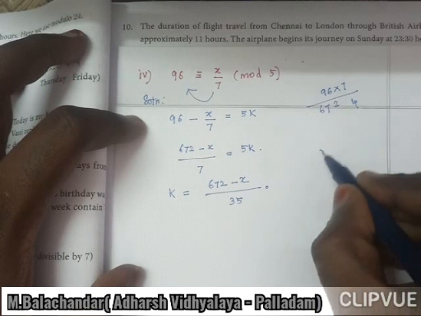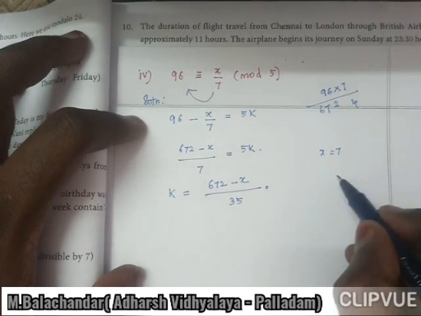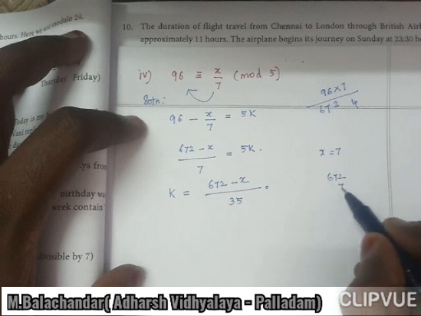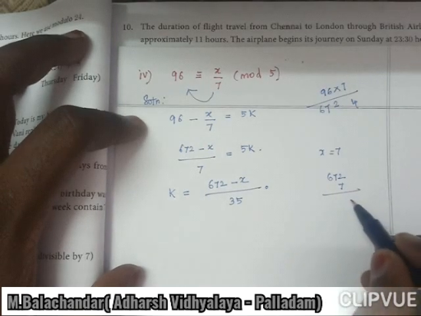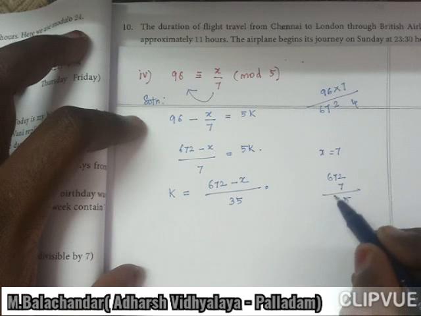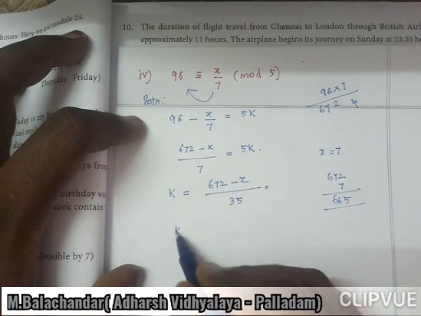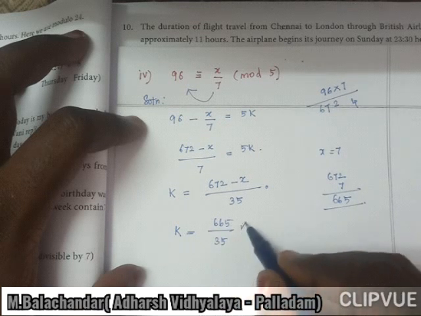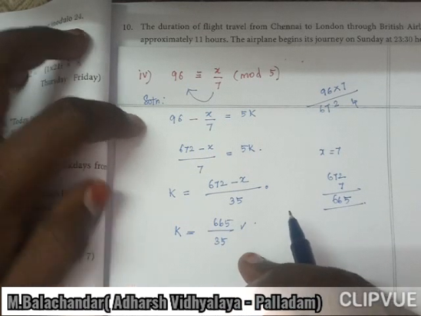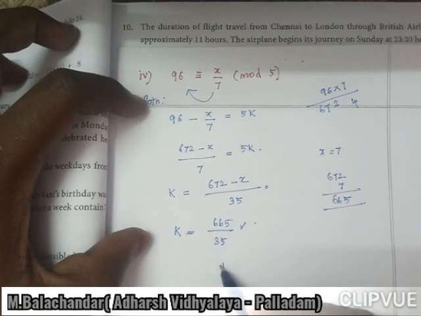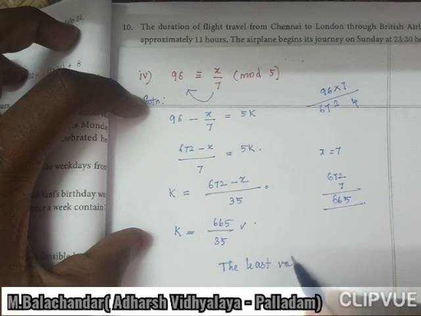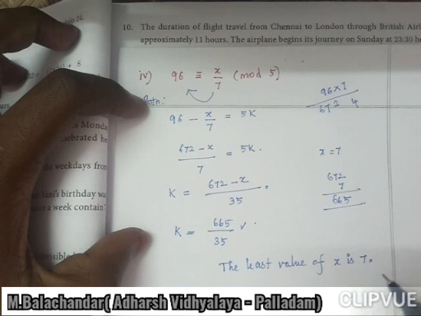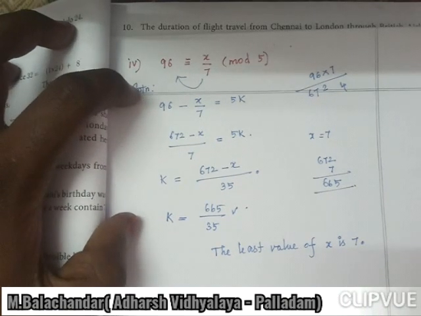If you assign x equal to 7, what do we get? 672 minus 7 is 665. 665 divided by 35 will divide exactly. So the least value of x is 7.